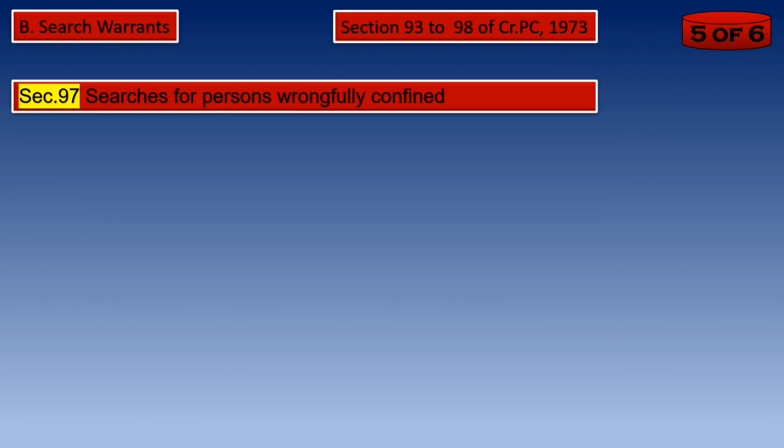Now we come to the fifth point of search warrants: searches for persons wrongfully confined, as per the provision of section 97.